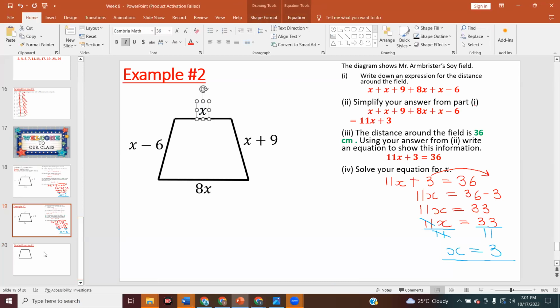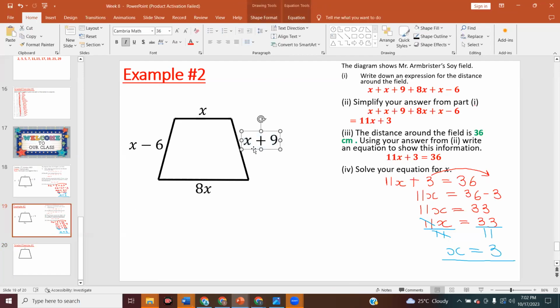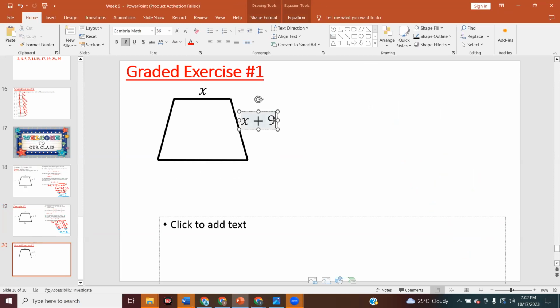All right. So let's do this one. Let's say that this is X. Let's say that this side is X plus 7. Let's say that this side is 9x.